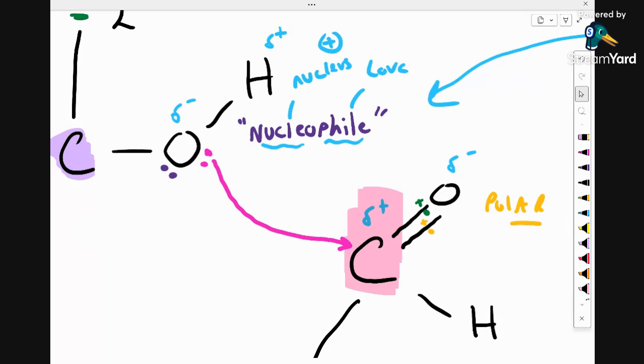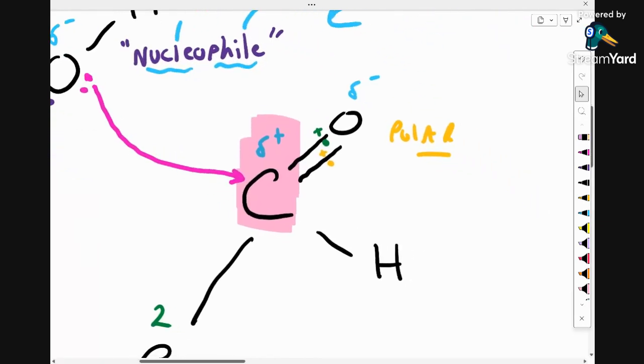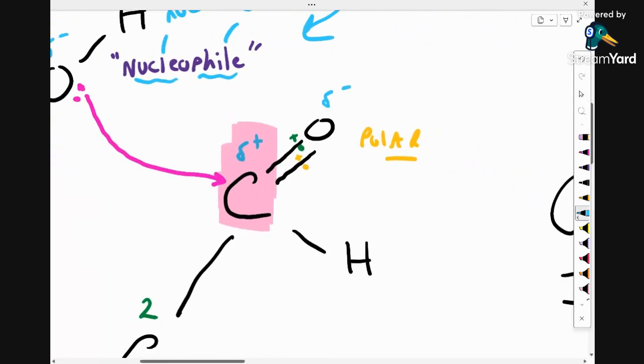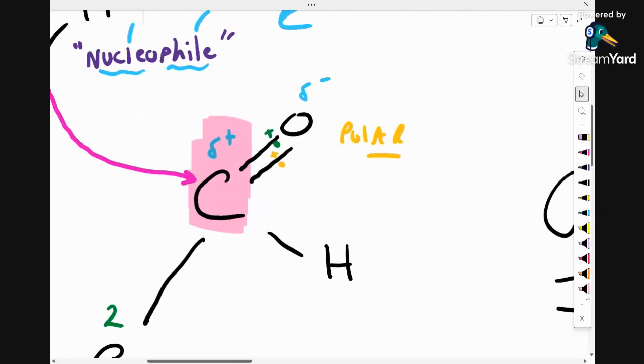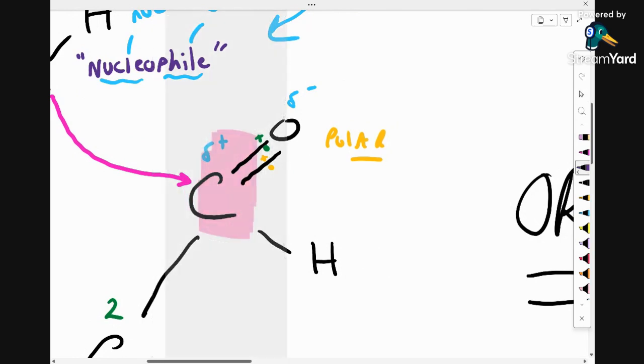The next thing I'm going to point out is, if the oxygen here is a nucleophile, the carbon here is electron loving. It wants to gain more electron density. So the carbon here, aside from being skewed of electrons because of the oxygen, is electron deficient.